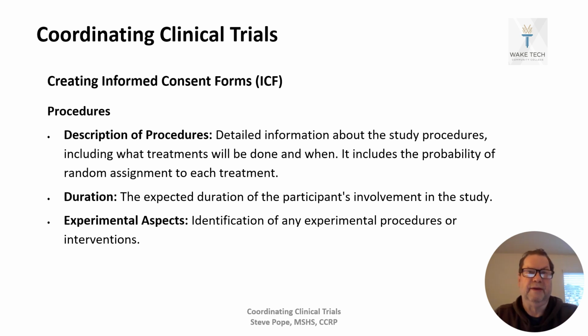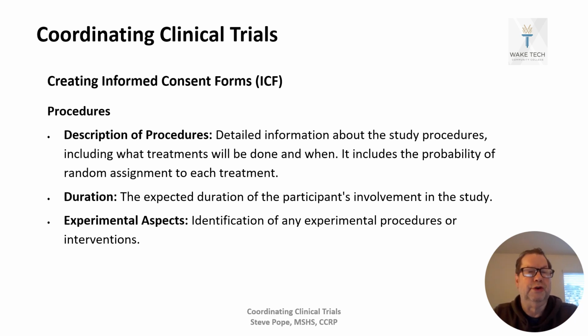So you might have, say, a 2-to-1 randomization scheme where out of 3 patients, 2 patients get the treatment and 1 patient receives a placebo. They need to be aware of what the probability is that they're going to be in one treatment arm versus another.